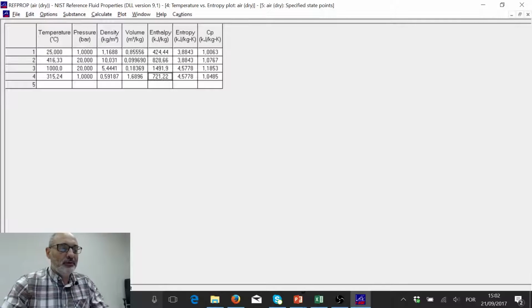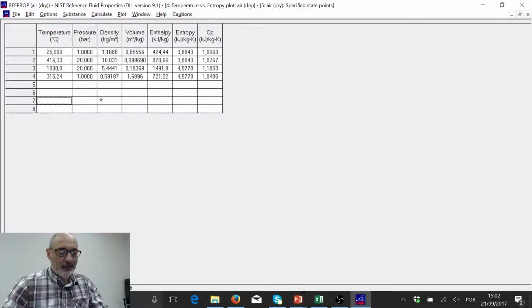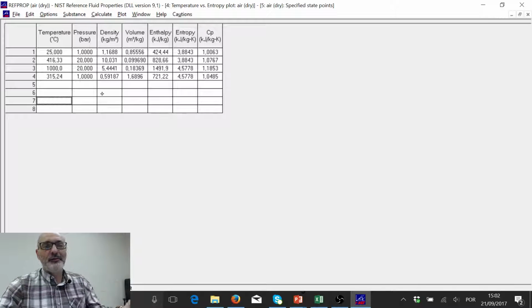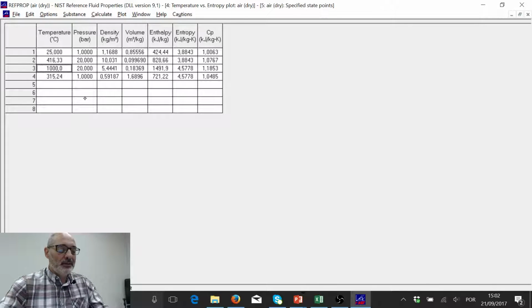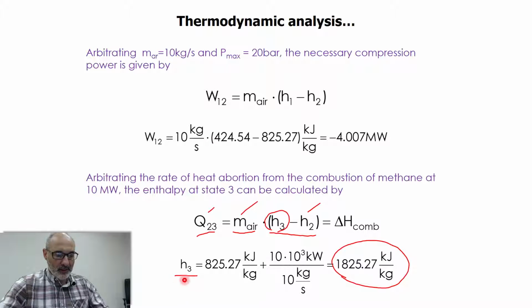Instead of doing what I did when I showed you how to calculate here, instead of setting the amount of heat absorbed, I just said the temperature was going to be 1000 degrees. Let's do something different. Suppose that the pressure is 20 bar, and the enthalpy is going to be this result here, because we fixed the amount of heat absorbed.